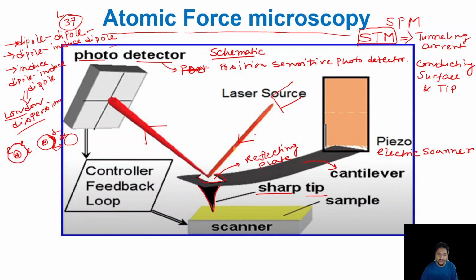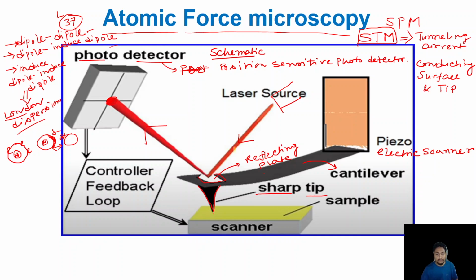So the light is coming and reflecting from the cantilever surface, the part above the cantilever, the opposite part from where the tip is attached, and going to the photo detector, reflecting to a certain point.